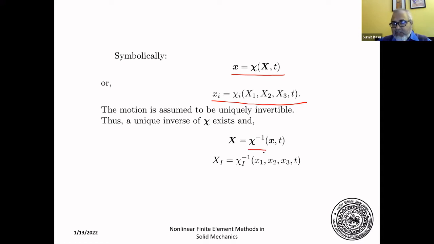Chi inverse is the inverse of the motion. So it takes small x and t as inputs and spits out capital X as an output. So this motion exists, and it is also invertible, which means it is one-to-one. Okay, this is the understanding with which we will proceed.